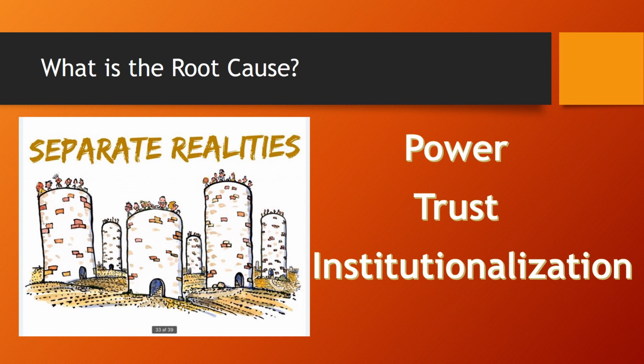We want to keep everybody separate, and we'll just keep things running. We can make it efficient this way. Maybe not very innovative, but we can be efficient, and we'll just have to deal with it in that manner. These are some of the root causes, the reasons for the silo effect.